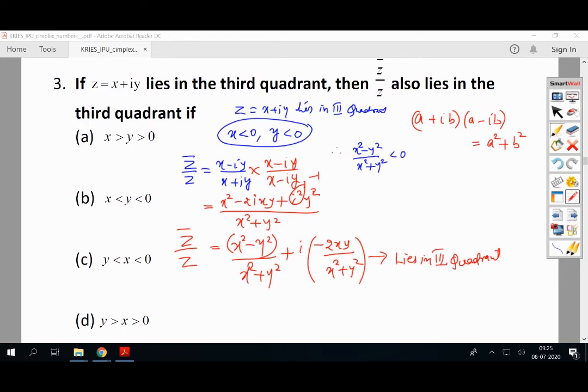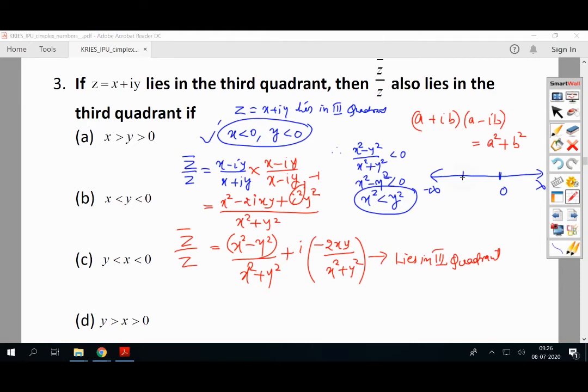Look, here x square less than y square is coming, here x is less than 0, y is less than 0 is given. That means you are having two values of x which are negative. So since x square less than y square, y should be negatively more than x square, right? y should be here and x should be like this. So therefore y is greater than x should be your answer, right?